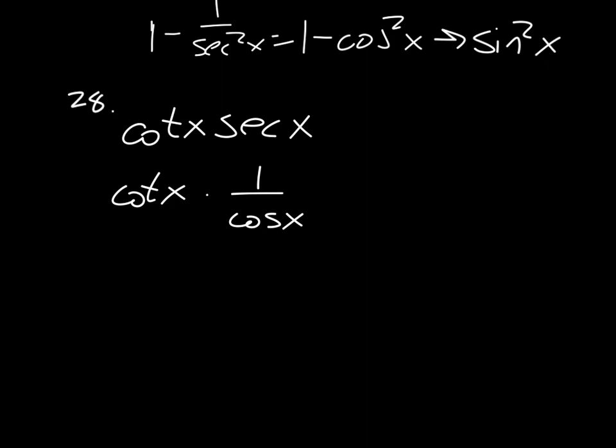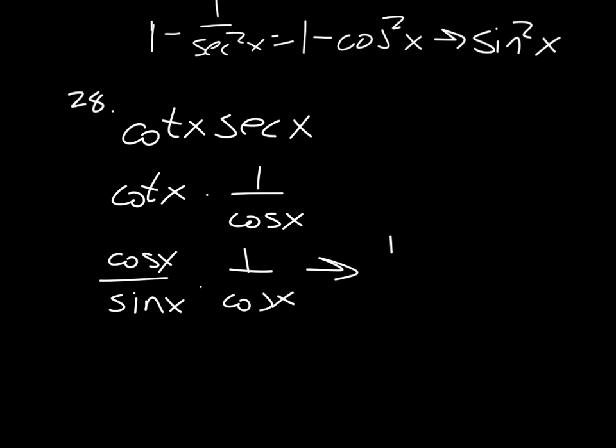Cotangent is what again? Cosine over sine. Cosine is canceling, back to sine. Yeah, 1 over sine. Yes. Isn't that nice? That is kind of satisfying. Yeah, it's kind of nice, isn't it? It's not bad.